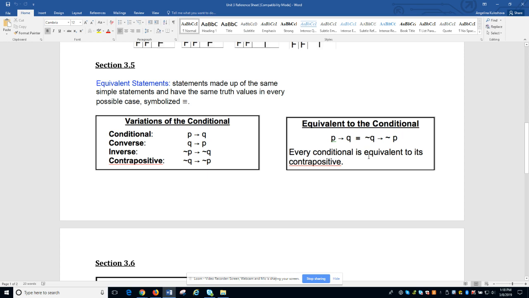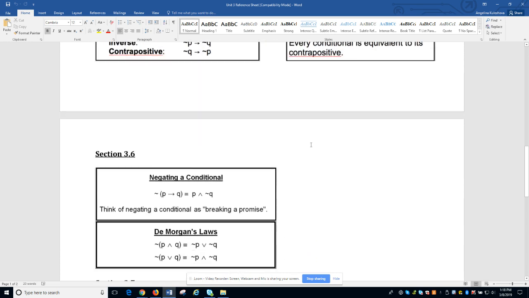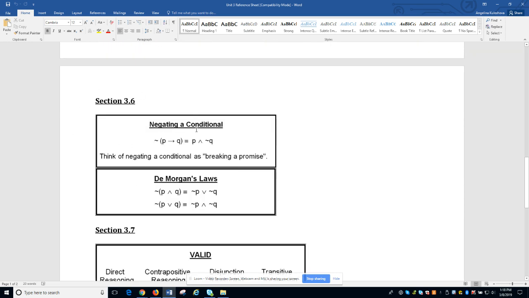Another important piece of information is about negating compound statements: how do we negate a conditional statement, and how do we negate a statement that's joined with an "and" or "or"? These are the rules that outline that. I'm going to explain each one as it comes up.